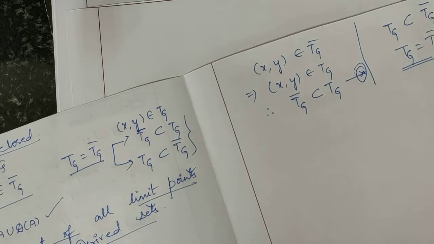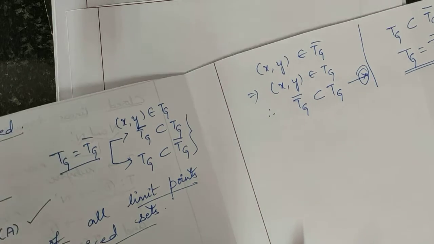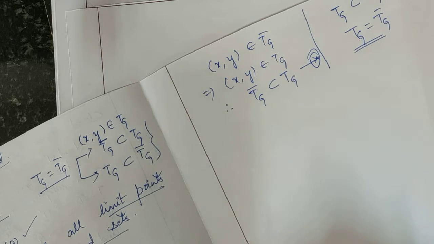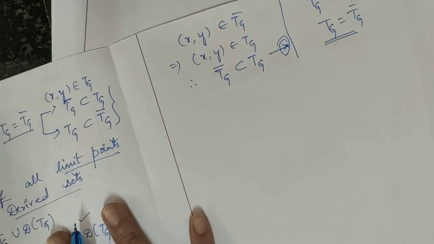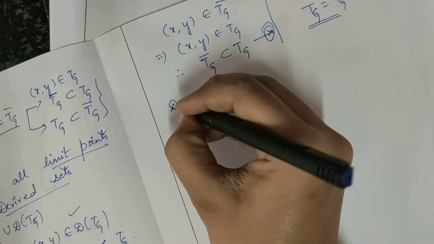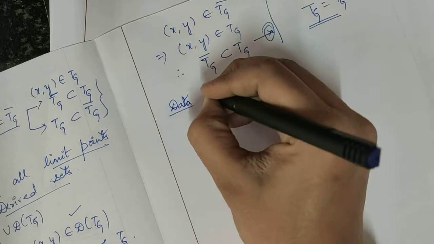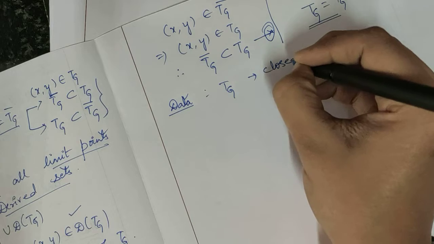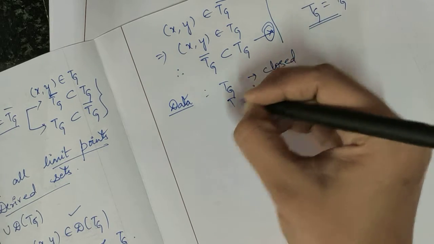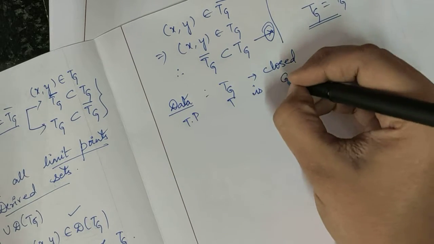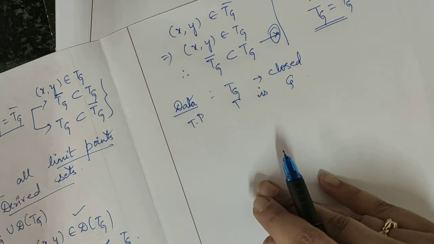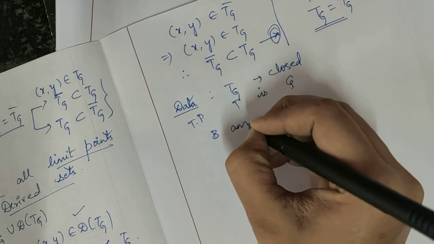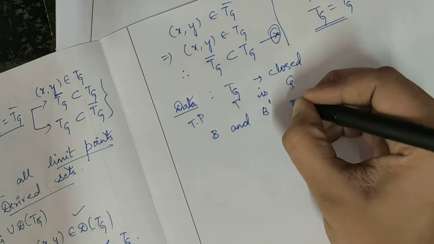Next, I have to prove the converse part. That is, I should consider TG is closed. Using that, I have to prove that T is continuous. Right? So now the data is TG is closed. We have to prove that T is continuous. They have given two Banach spaces, that is B and B prime.